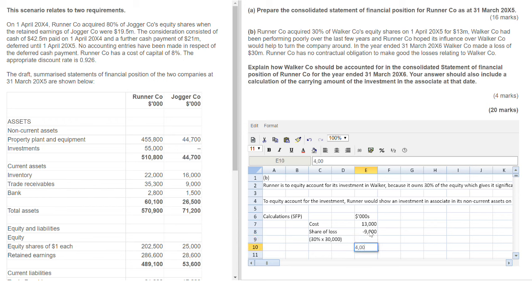So does that give me there our investment in the associates? Okay, the investment that you have there in that associate is there at 4,000, and that is what will then sit, won't it, on the statement of financial position. Nice and straightforward there. So that goes through and deals with part B.